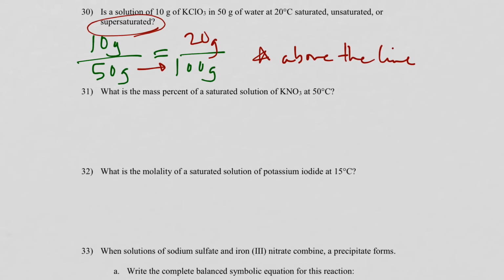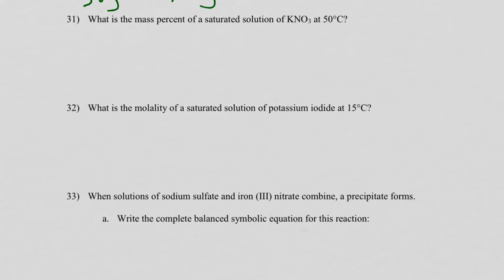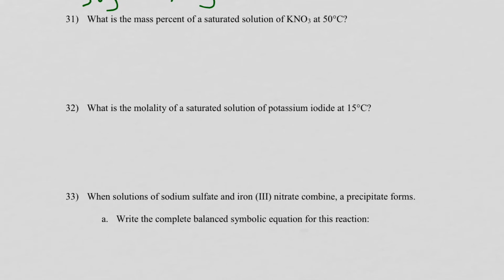On to number 31. What is the mass percent of a saturated solution of KNO3 at 50 degrees Celsius? So using the chart, you find the line for KNO3, you find 50 degrees Celsius, and you travel up to the line and over, and you'll find out that a saturated solution will contain 85 grams KNO3 in, again, the graph is based on 100 grams of water.